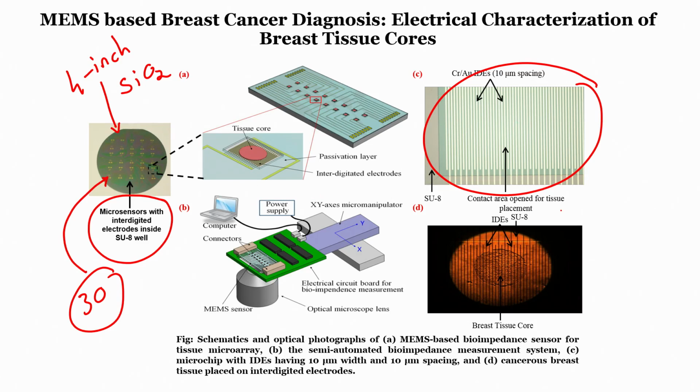Let me show it to you. I mean that there is a SU8 well, and in that SU8 well, so actually this is an oxidized silicon wafer. Let me draw a little bit bigger diagram so you guys get it. The cross section: oxidized silicon wafer, so we will have oxide here, right. On the oxide, what we have?